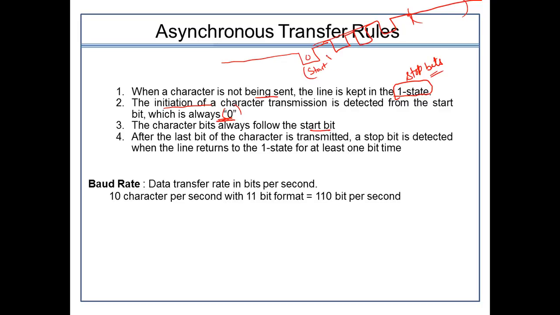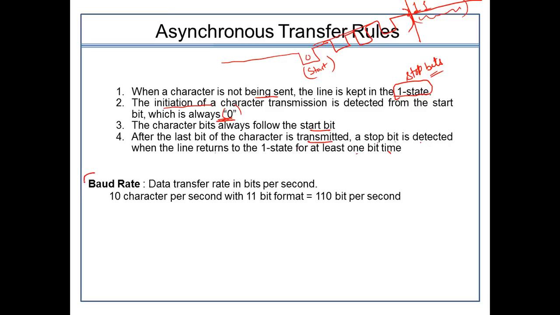After the last bit of the character is transmitted, the stop bit is detected when the line returns to the one state for at least one bit time. Whenever a one comes, it means the stop bit has arrived. This is how we understand whether characters are available or the line is idle, and this is how asynchronous data transfer happens.